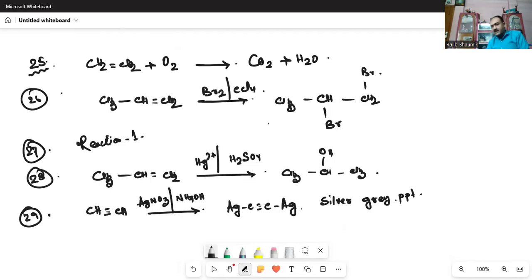This is disilver acetylide. Actually, the name of the compound is disilver acetylide. This also happens due to the higher S character of the carbon atom, as we have discussed in the previous reaction. In case of sodium also, the same reason is here. The carbon is sp hybridized, so the S character is 50% here.